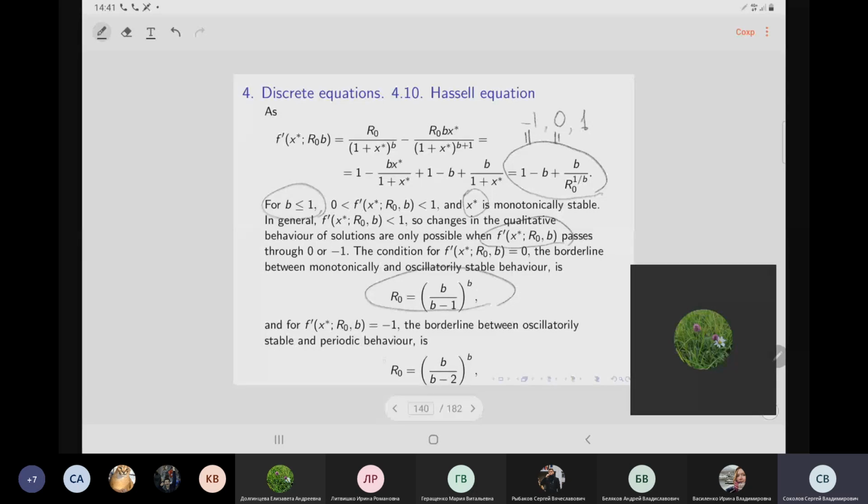And then the borderline between oscillatory stable and periodic behavior is this one. So here f prime crosses 0, and here f prime crosses -1.